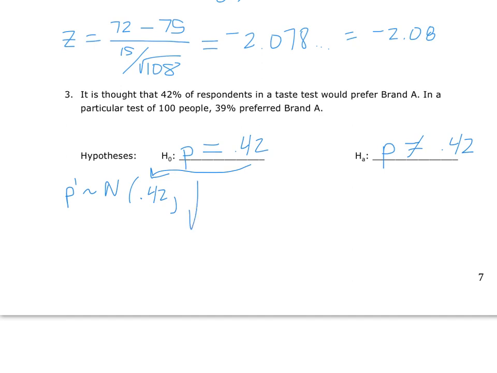For the standard deviation, we take the square root of 0.42 times 1 minus 0.42, so 0.58, divided by the sample size of 100. If we do that calculation, we get 0.0494.